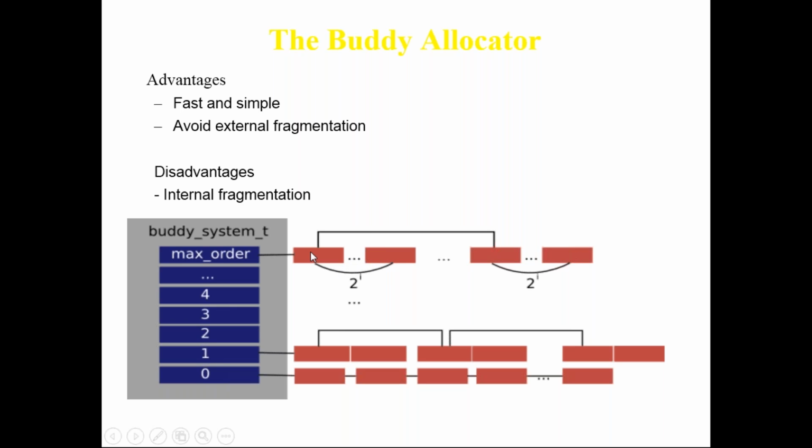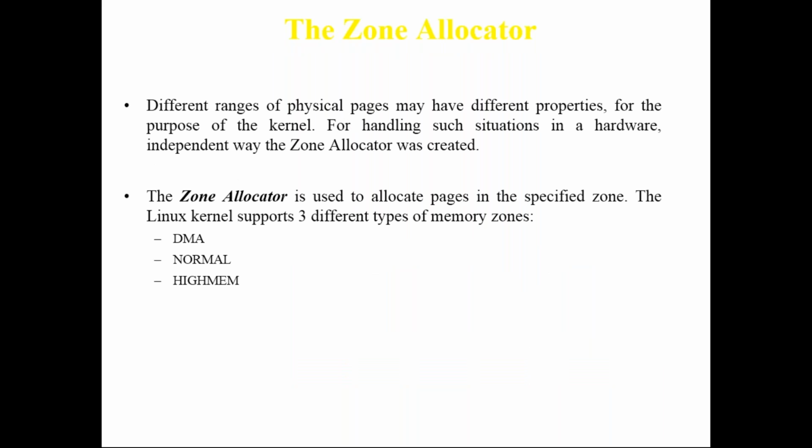Only two blocks can be merged, and they merge if they are buddies and they require more memory for the processes, depending on whether the next buddy block is free or not. So this is the buddy allocator.